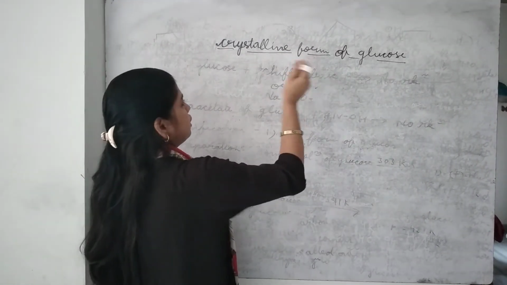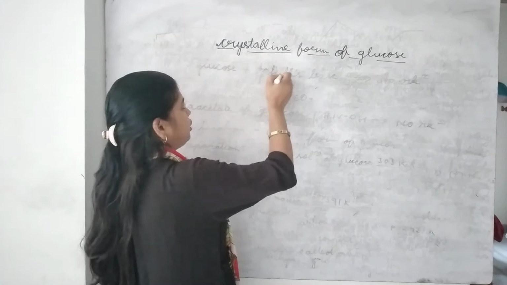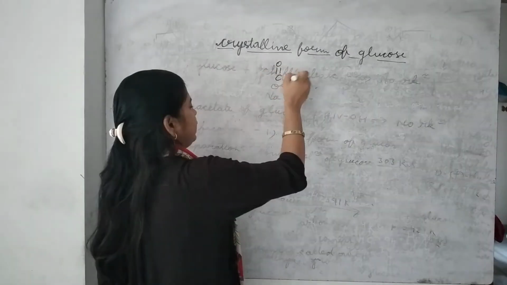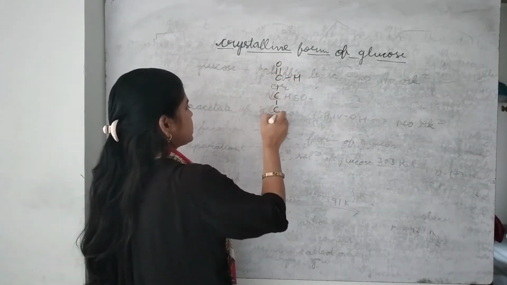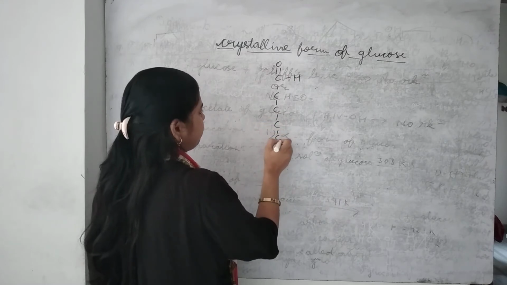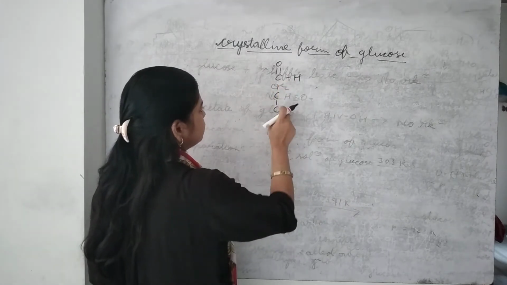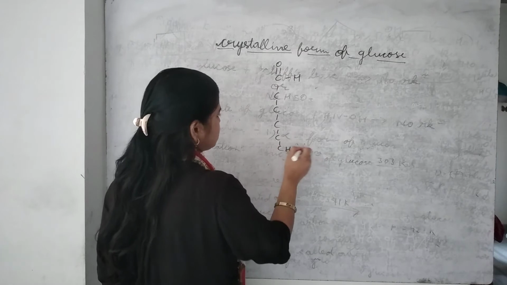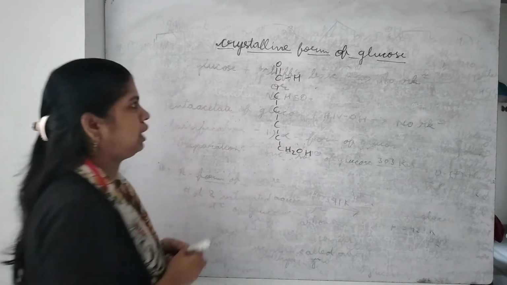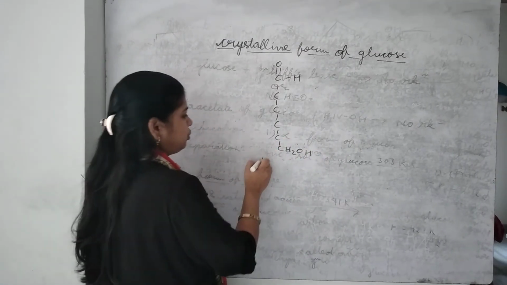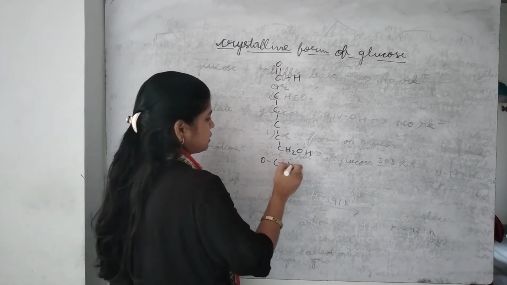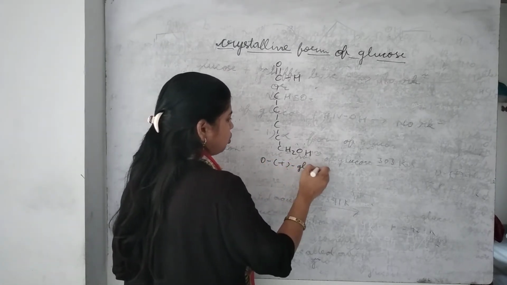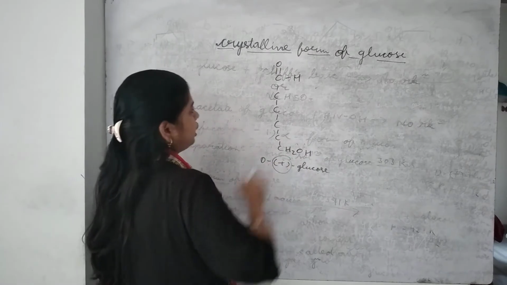So, as I taught and told in the last video, there is an aldehydic group, 6 carbon atoms are there, and the last one has a primary alcoholic group, and as we know this is D plus glucose, dextrorotatory.